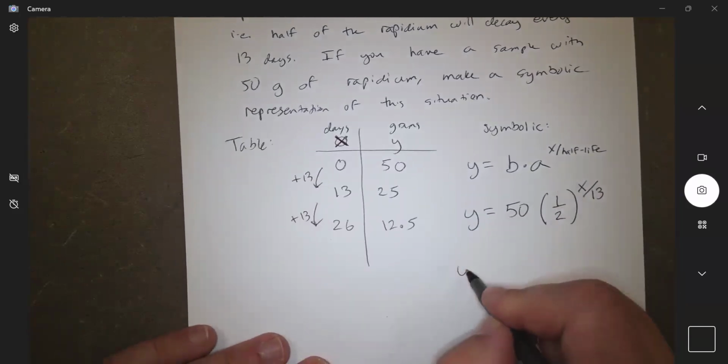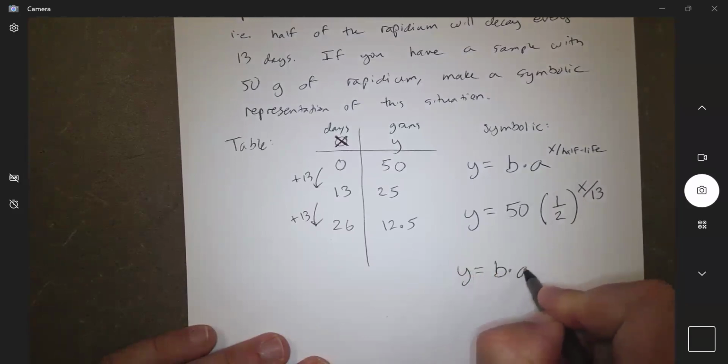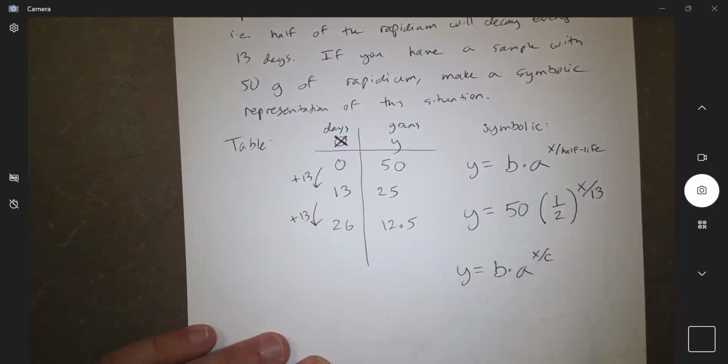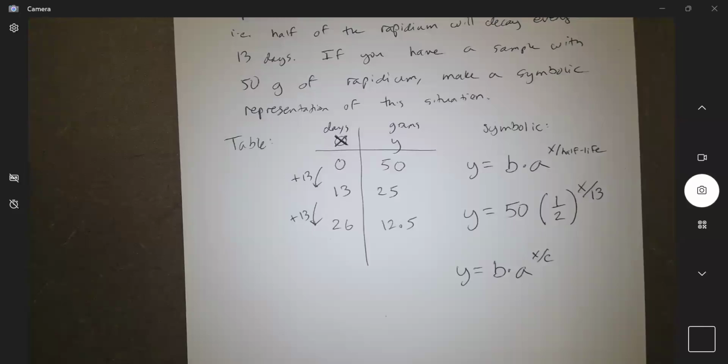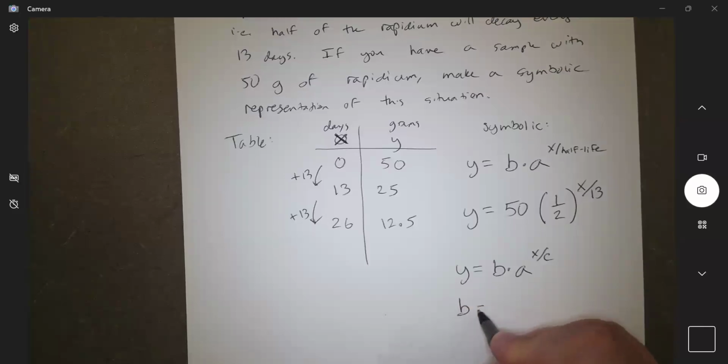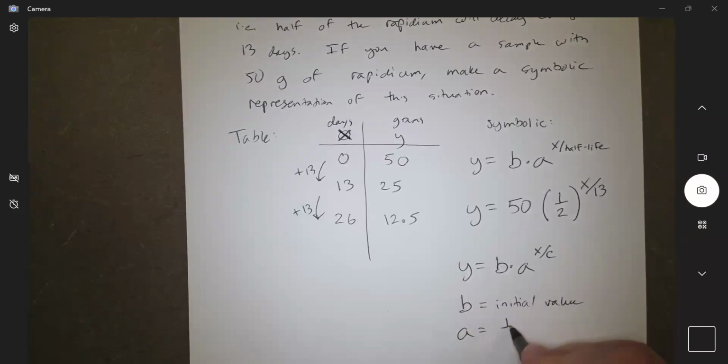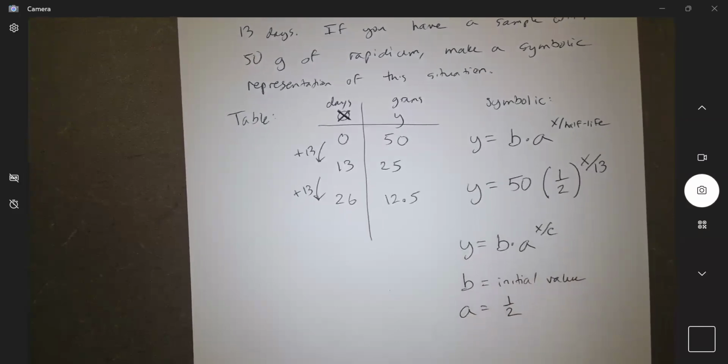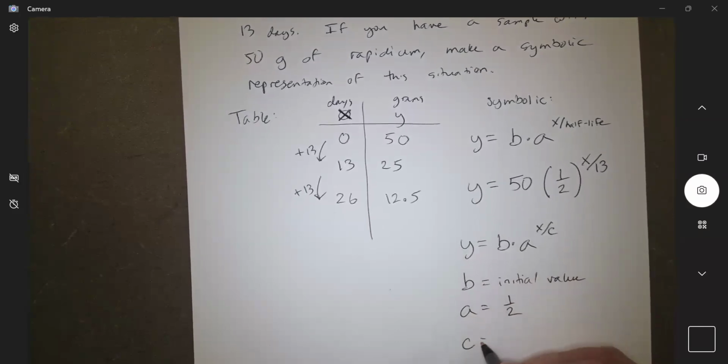And generally, the formula would be B times A to the X over C, where C is the half-life. B is the initial value. A is always going to be 1/2 for the half-life. And C is the number of days in the half-life.